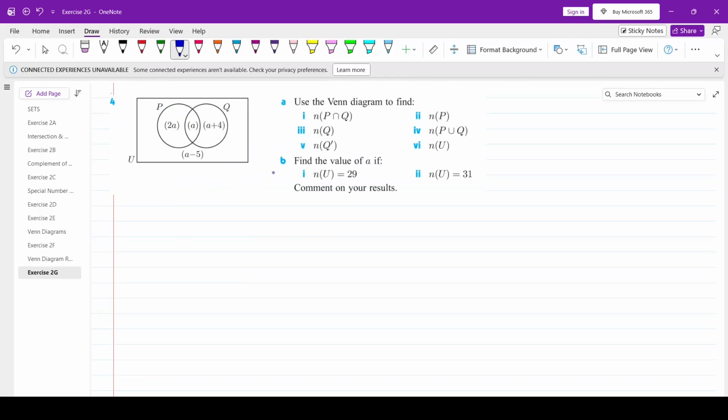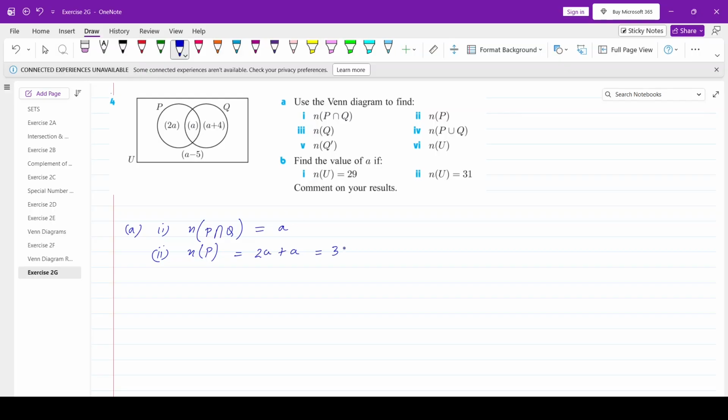Question number 4. Use the Venn diagram to find the number of elements in P intersection Q. So P intersection Q is a. The number of elements in P will be 2a plus a.